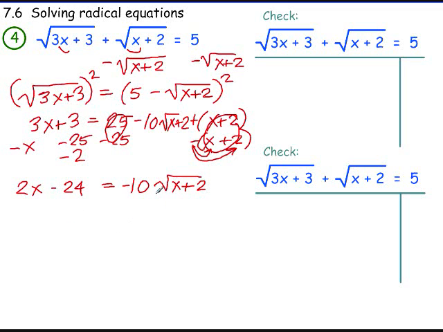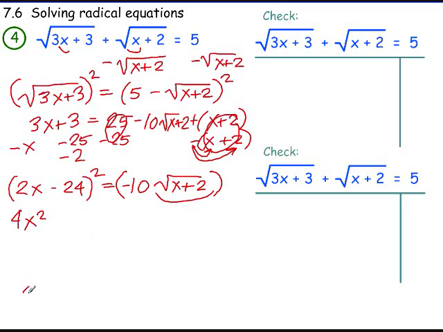I want to get this radical all by itself so I can square it most easily. I could square the whole thing right now, couldn't I? Why don't I just square that? That will give me 4x squared. I'm going to have a middle term.